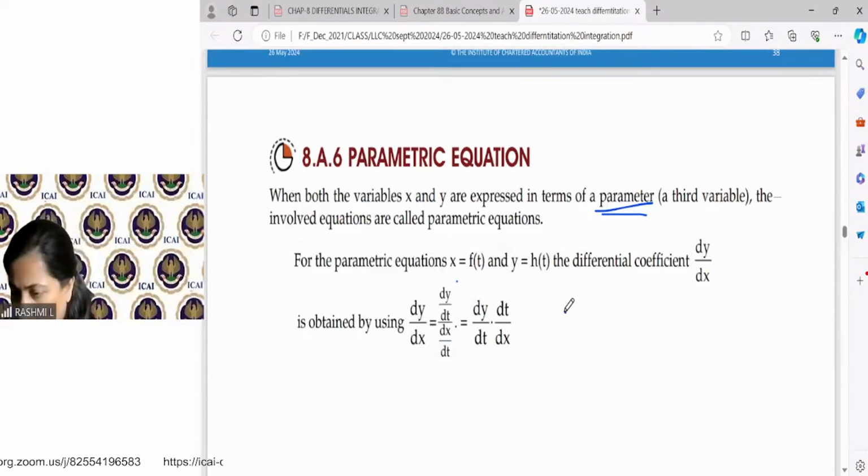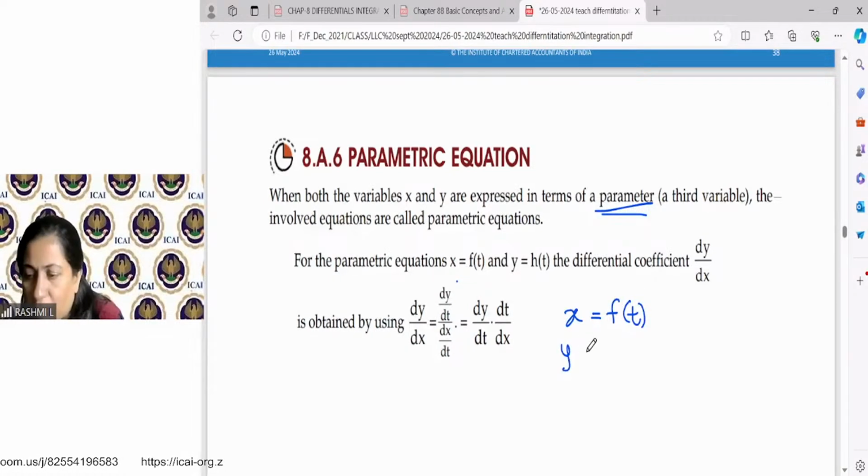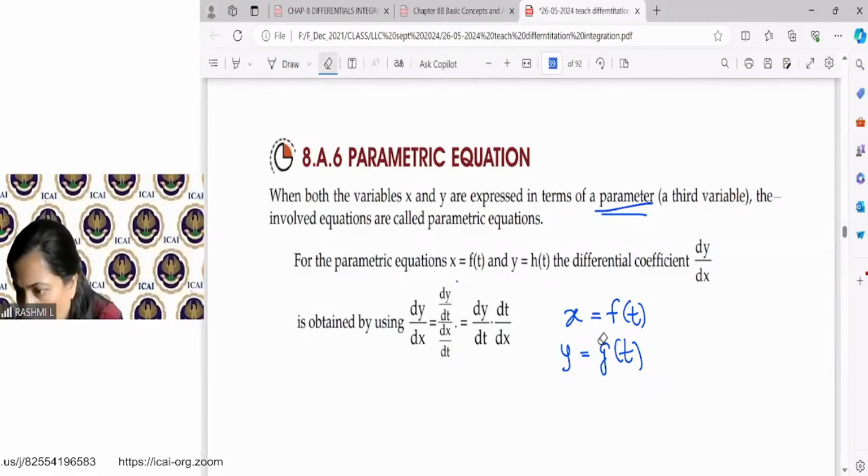So, if I have a variable x and I write it as f of t, I have another variable y and I write it as g of t, then they've taken h.